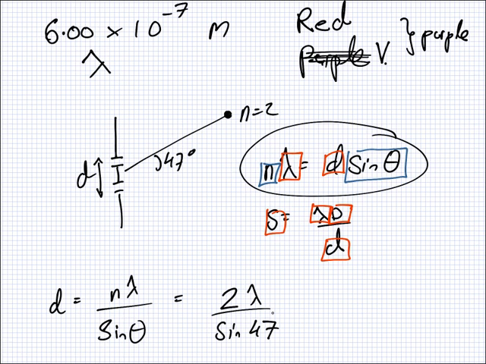Determine the spacing between the lines on the grating if the second order red line has a diffraction angle of 47. Okay, I don't see how else I can do it other than by using this number here, though I'm not very happy about it. So what do you get when you use that?